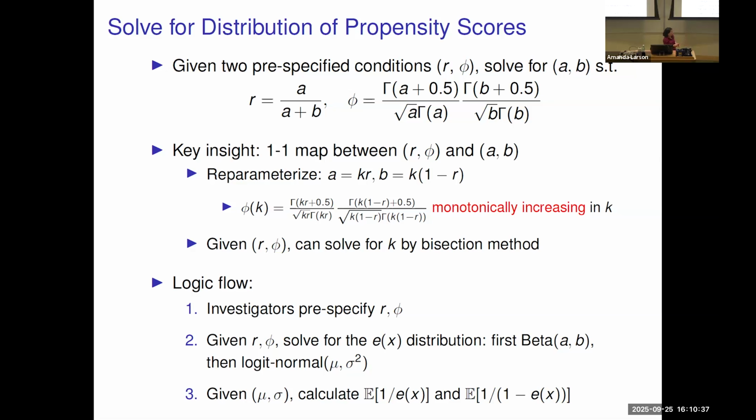So the logic flow is: you, the investigator, give me the proportion of treated and the overlap coefficient, and with that I will solve for a beta distribution with A and B, and then that will give me the logit-normal distribution because there's a closed-form map. Then I basically have my marginal distribution of the propensity score, and I can calculate both this and that.